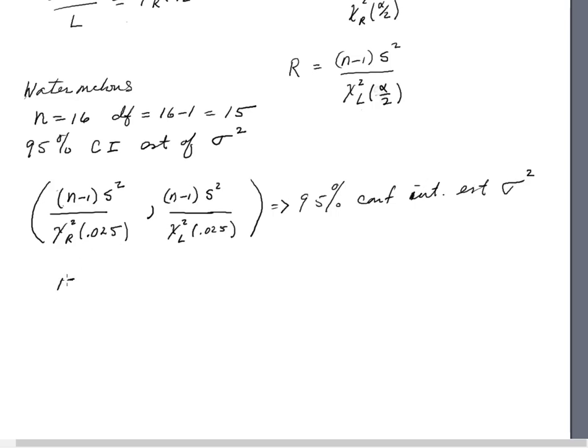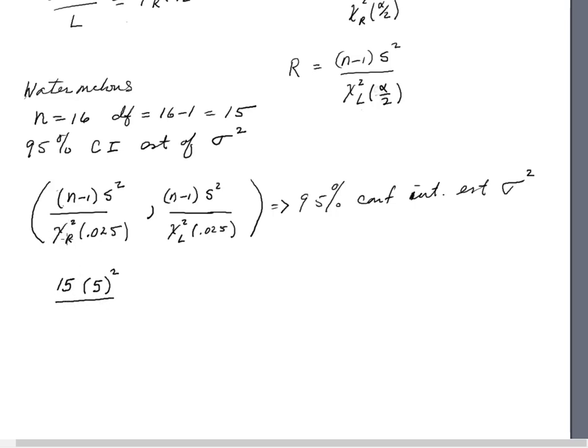Let's put our numbers in. So for our black diamond watermelons, and I think the illustration is not black diamond, I think those are Carolina Cross watermelons, but you know, who's being particular? Suppose that whenever we took our sample of size 16, we found that the standard deviation was 5, or the variance was 25. I'll put the standard deviation in here, but square it.